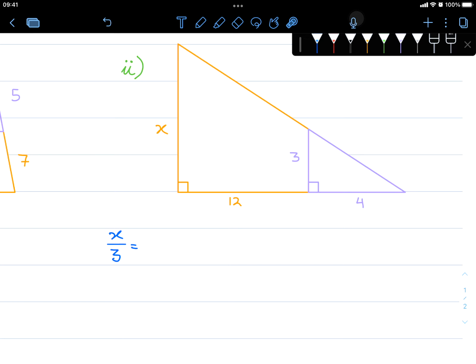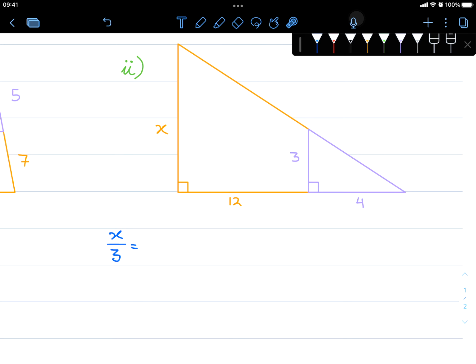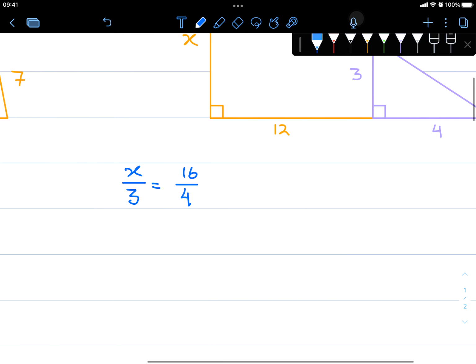We need to pick another number from the orange triangle. Well, in the orange triangle, we need to take this entire length highlighted here. So it's actually 12 and 4, which is 16. That is 16 over the smaller triangle is just 4. And that's what we need to find there.